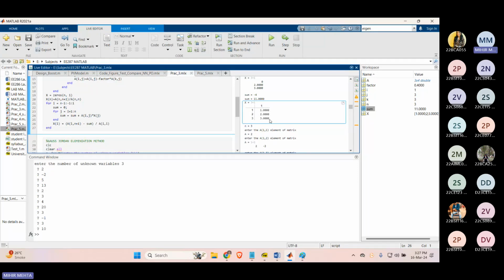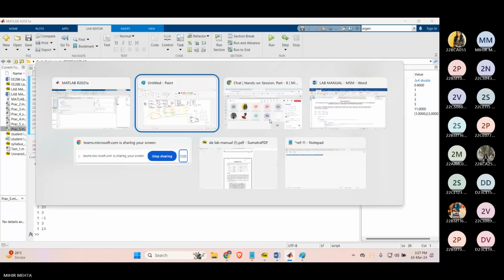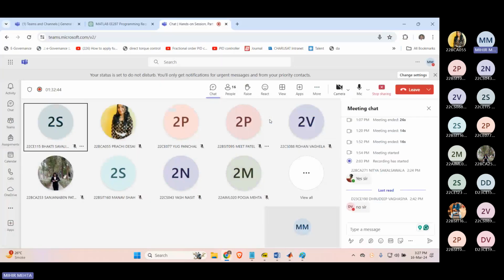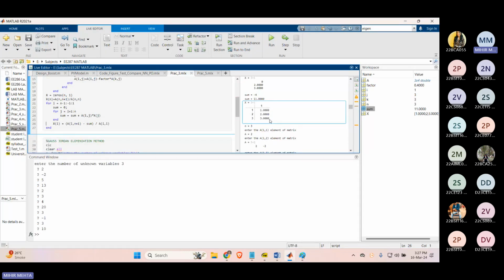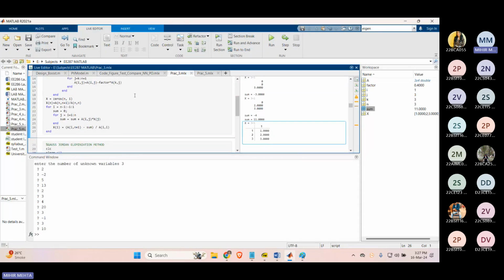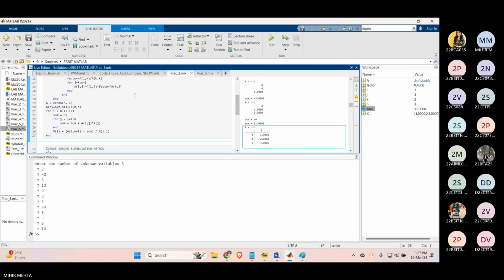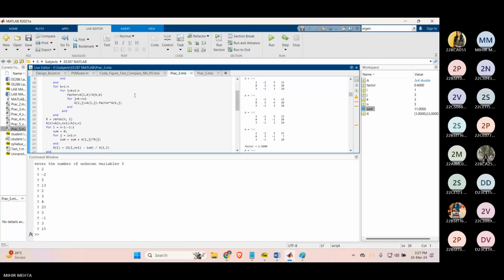Is this clear? I am again showing you the screen. Please go through this particular program, and please ask if you have any doubts.